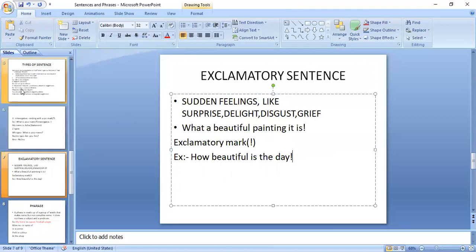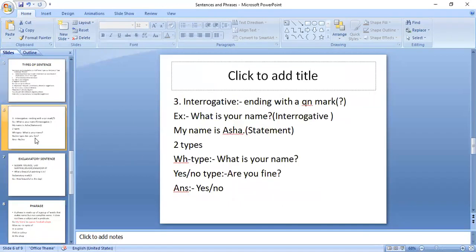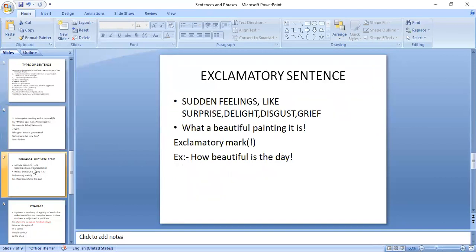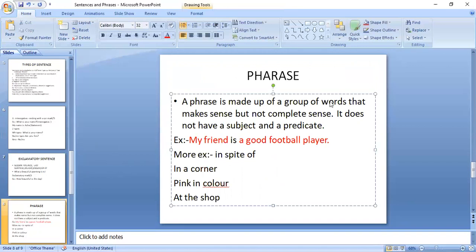So now I have explained the types of sentences, that is declarative or assertive sentence, imperative sentence, then interrogative sentence, then exclamatory sentence. Now I'll move to phrase. What is a phrase? A phrase is made up of a group of words that makes sense but not complete sense.